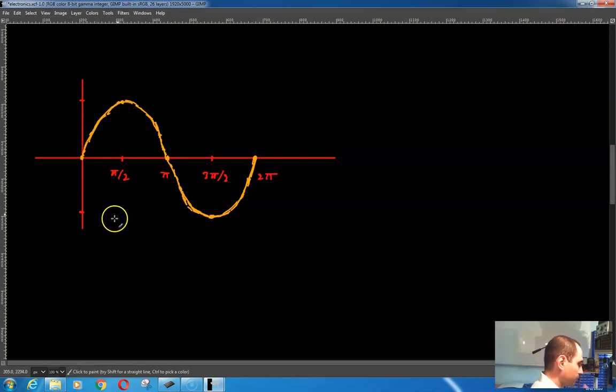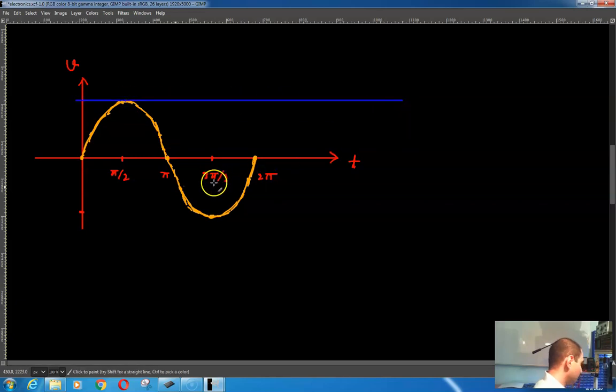Okay, so this is a sine function, and that's actually an AC wave. So this is voltage and this is time, right? Now basically relative to these voltages, you have this level of voltage that means a particular thing, and you have this level of voltage that means a particular thing.